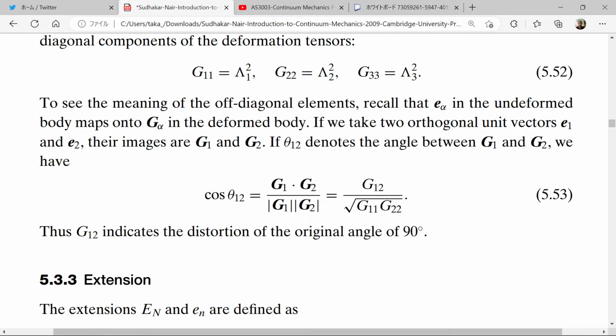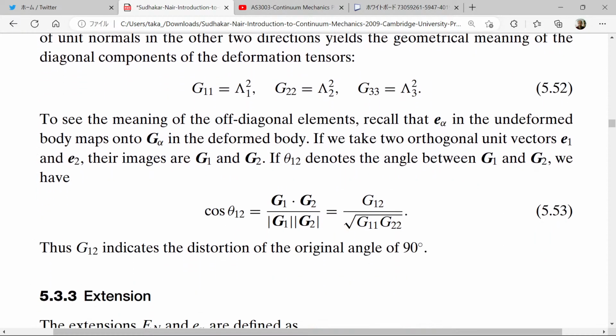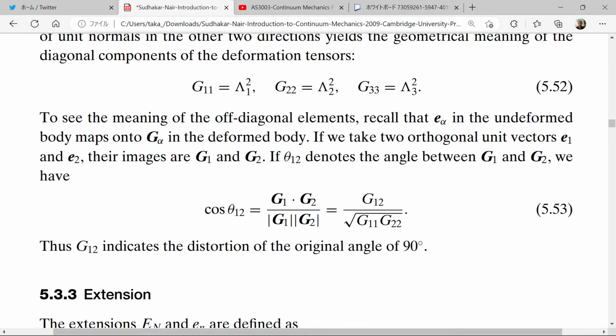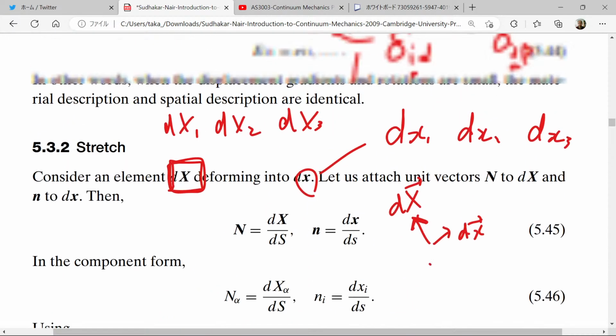I think I get this. G1 indicates the distortion of the original angle. How do you get this? What was the definition of G?